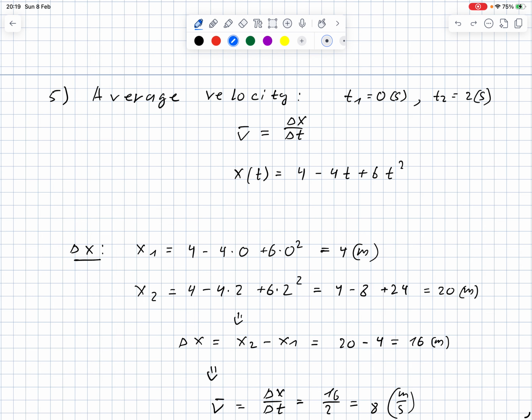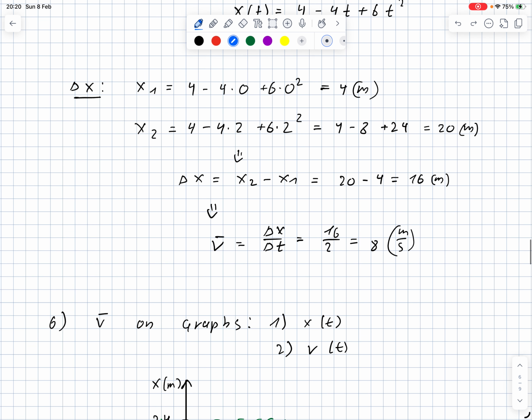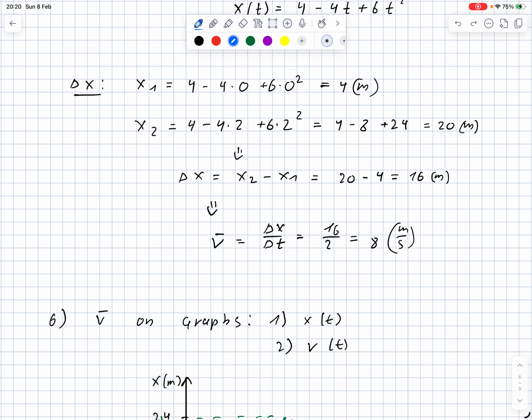Displacement is delta x, x final minus x initial, which gives us the value of 16 meters. Now we can calculate the average velocity between 0 seconds and 2 seconds, and we get that the value is 8 meters per second. Okay, let's go to the next part, number 6, sorry.